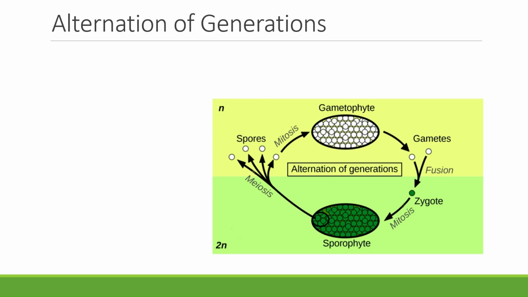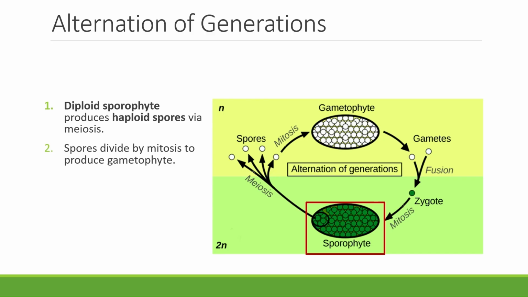We showed in the last presentation that all land plants, seedless and seed bearing alike, display alternation of generations. This life cycle alternates between two multicellular forms called the diploid sporophyte phase and the haploid gametophyte phase.